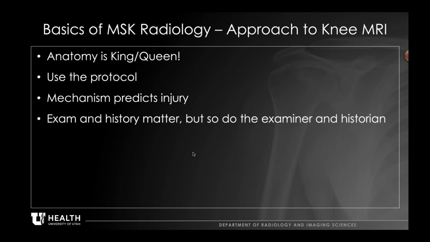And then finally, the exam and the history matter, but so do the examiner and the historian. So anybody who's done a pediatrics rotation for a kid who is not verbal, it makes it very challenging to figure out why they're limping or why they're having pain, et cetera. So having kind of a good history and a good exam are very helpful, but you kind of have to take things with a grain of salt depending on who's giving you that information.